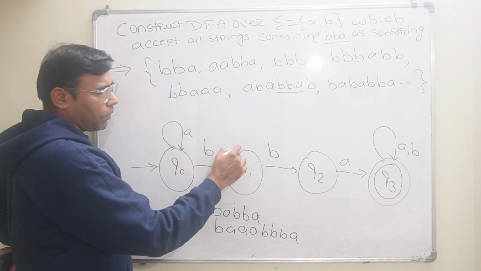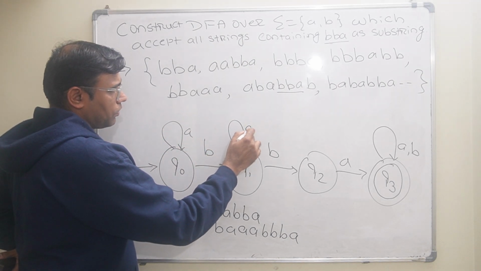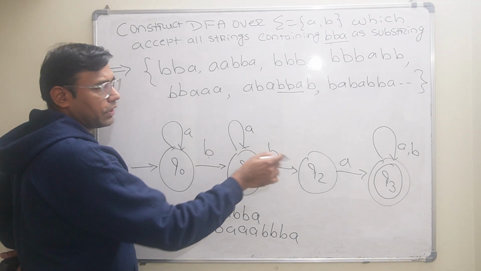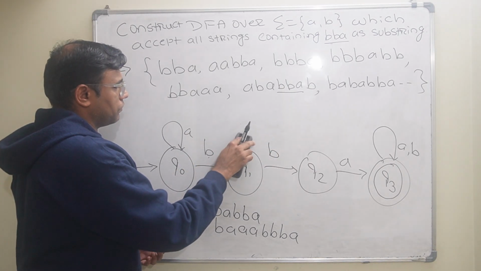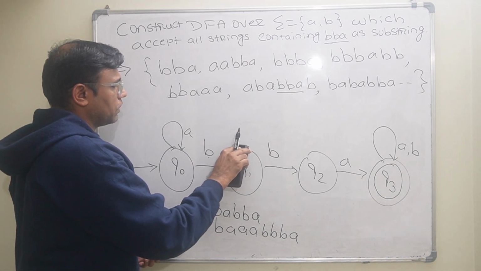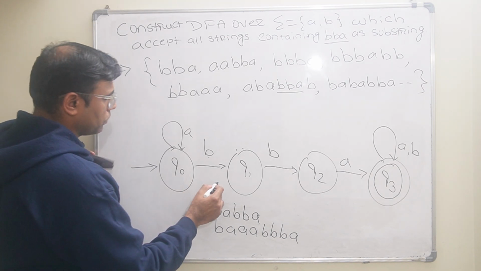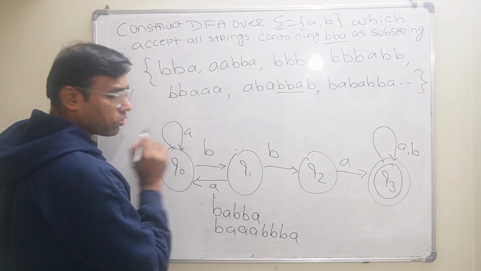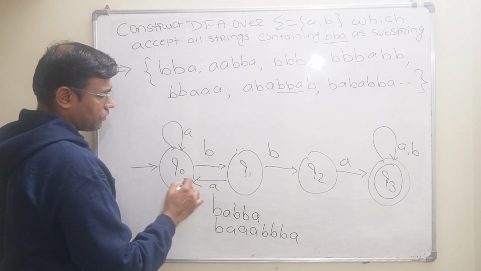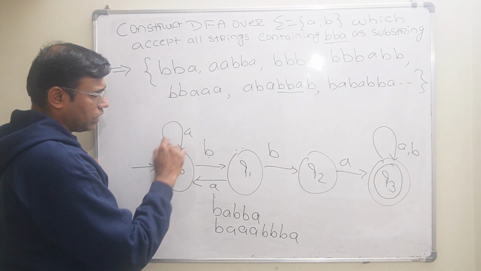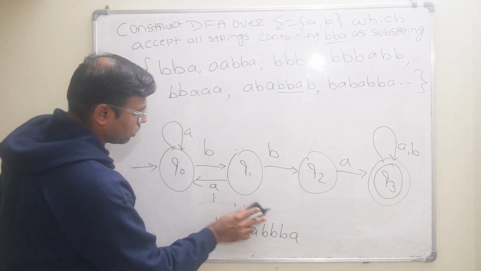If you apply the loop of a here, it will not solve our problem, because if you apply the loop of a, it will accept ba also, which is not acceptable, because in ba there is no bba as substring. So if you come back to Q0 for a here, it will solve our problem. How? ba, then ba, any number of a and then bba. So it will definitely solve our problem.